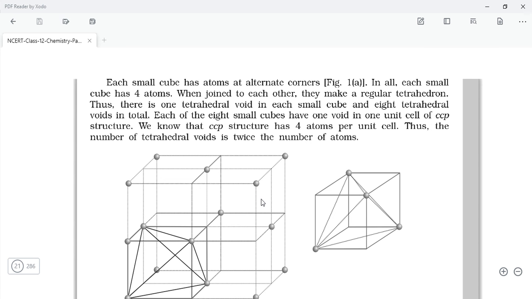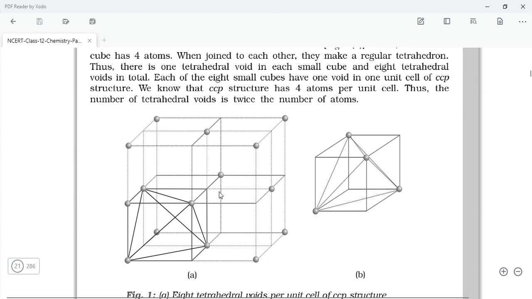We know that the CCP structure has 4 atoms per unit cell. Thus, the number of tetrahedral voids is twice the number of atoms. You might have got it, because this is really easy. Imagine the primitive unit cell is cubic, and you imagine the anions placed face centered, then you get the structure given here.